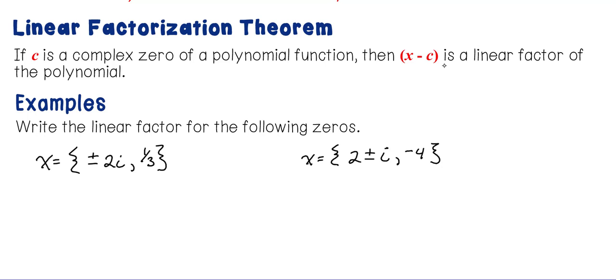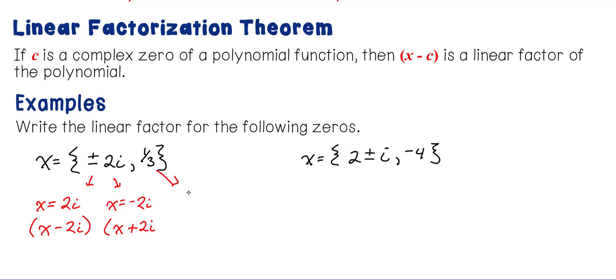Okay, so what we're looking at, this number would be x equals 2i. So then to move it over, we would subtract it and we would end up with the factor x minus 2i. And we would do the same thing with x equals negative 2i. That would factor to become x plus 2i.